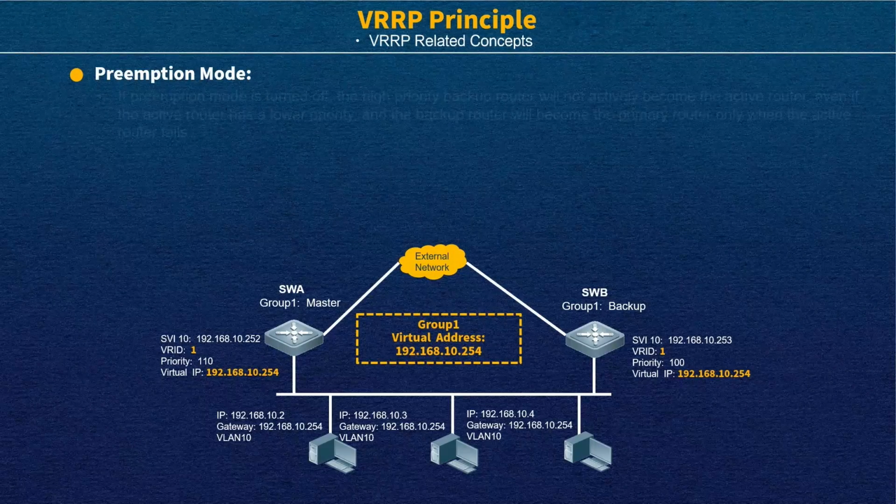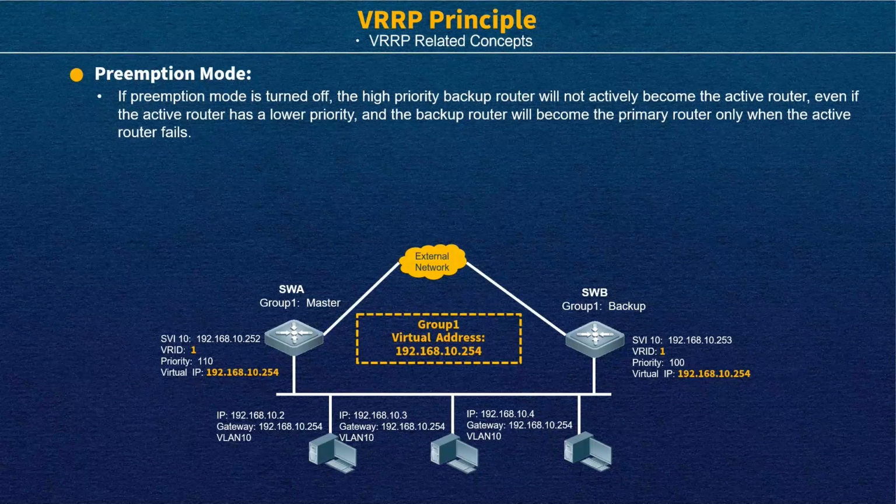And the next one is the preemption mode. We also explain what the function of preemption mode is, right? If the preemption mode is turned off, the higher priority backup router will not actively become the master router, even if the master router has lower priority. If the master is broken, then the backup will become the new master.